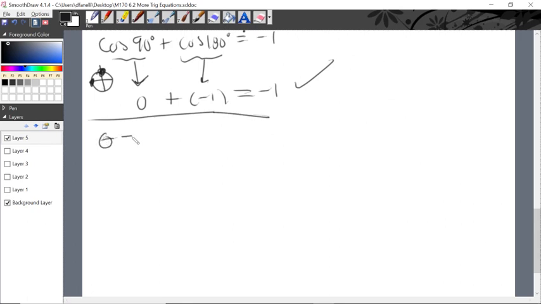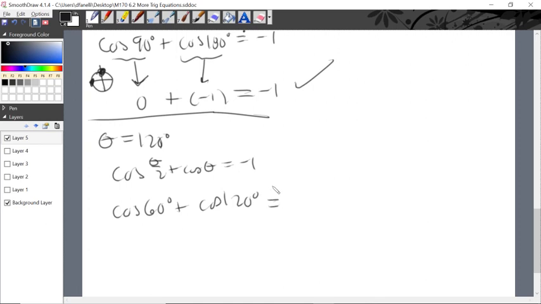Okay, now let's check the next potential solution of 120 degrees. So the cosine of theta over 2 plus cosine theta equals -1. Plug in 120 degrees for theta, we end up with cosine of 60 degrees plus the cosine of 120 degrees, and we're asking, does that equal -1? Back to the unit circle. 60 degrees is in quadrant 1, and the x-coordinate there is positive.